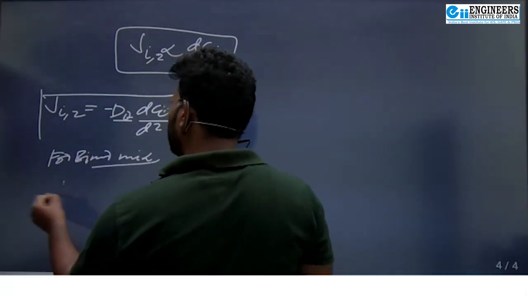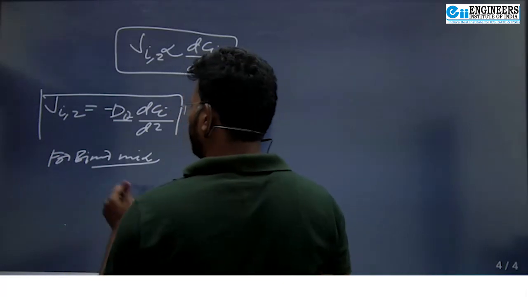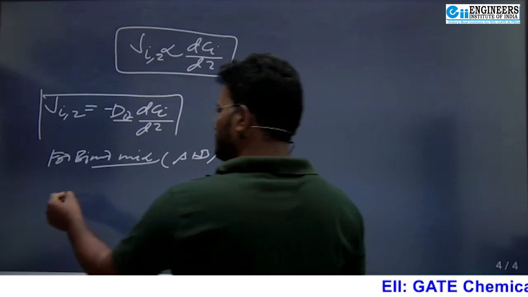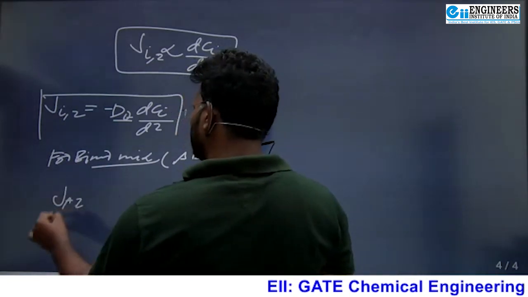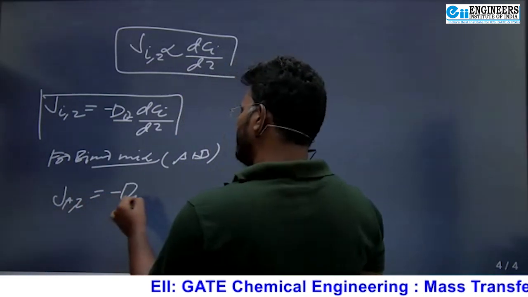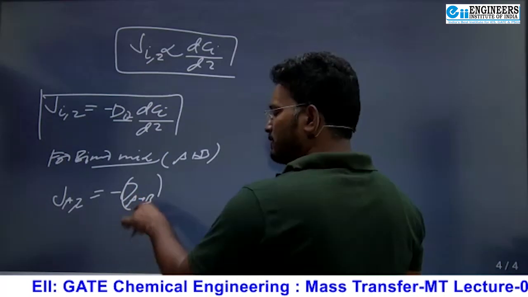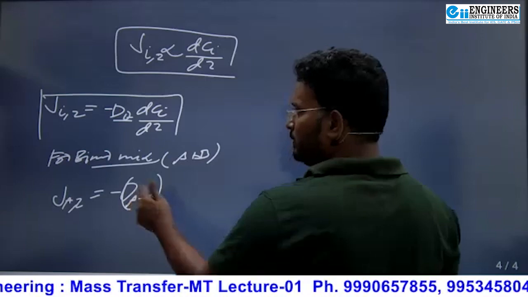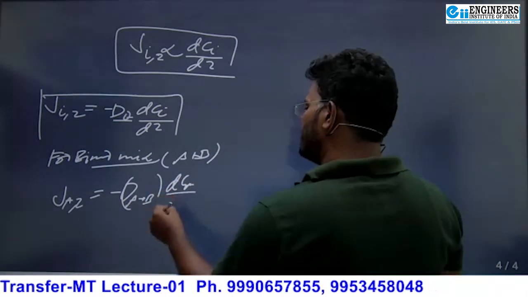I can write J_i for a binary mixture of A and B. You have a binary mixture of A molecules and B molecules, then J of A in the z direction is equal to minus D_AB, called the diffusivity of A into B, mutual binary diffusivity, into dCA upon dZ.